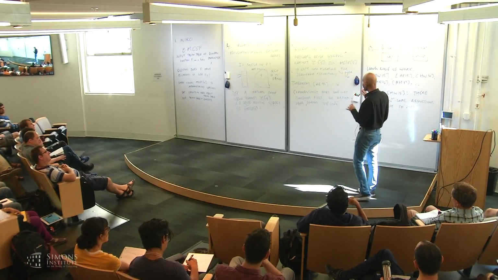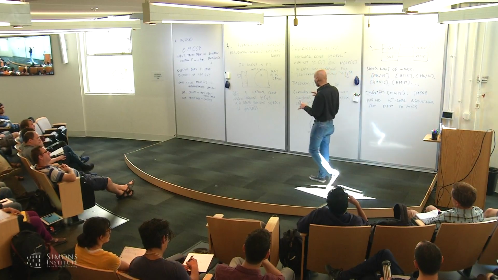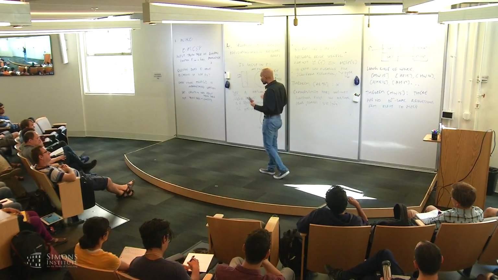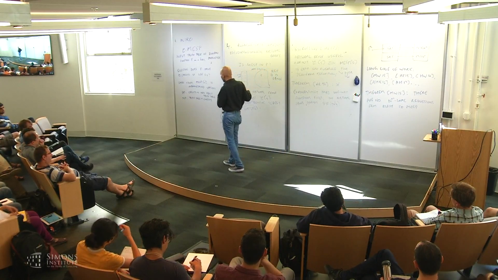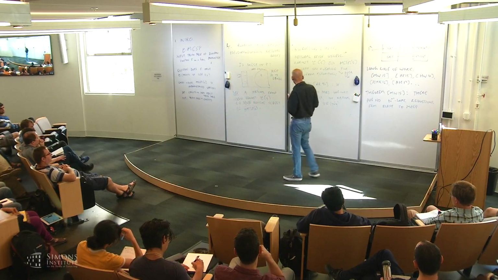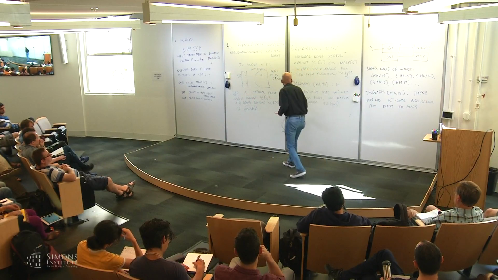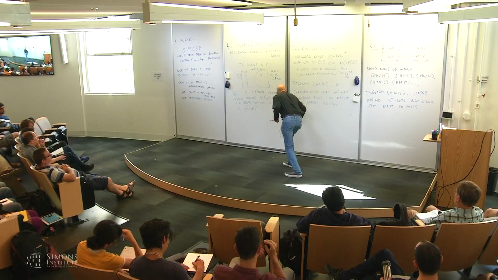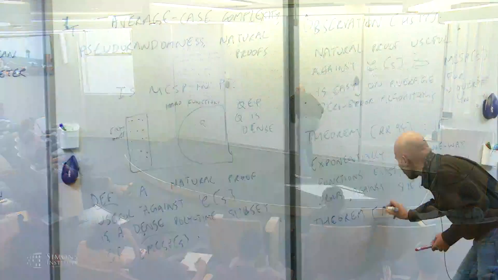So there's the Razborov-Rudich result, and this is what it says about MCSP in terms of classes of Boolean functions, with respect to the one-way function assumption. Eric and Bireswar Das had a result about SZK. SZK is statistical zero knowledge.